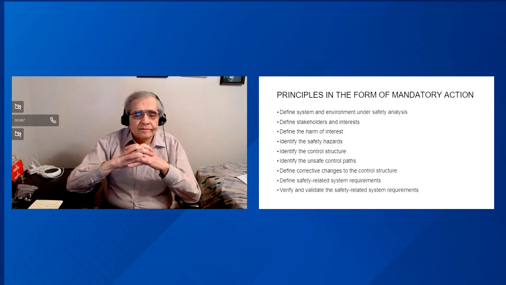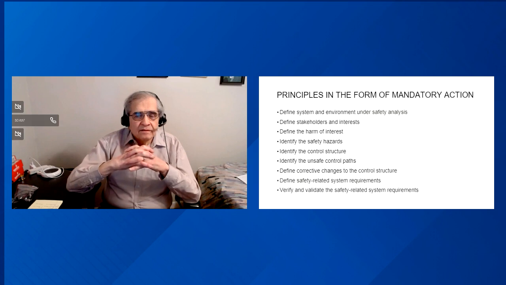Quite the same way as other hazard analysis methods do. Identify the control structure, already referred to earlier. Identify the unsafe control path in that control structure.